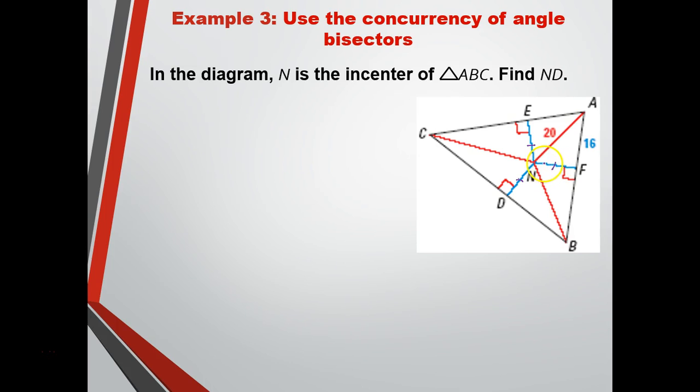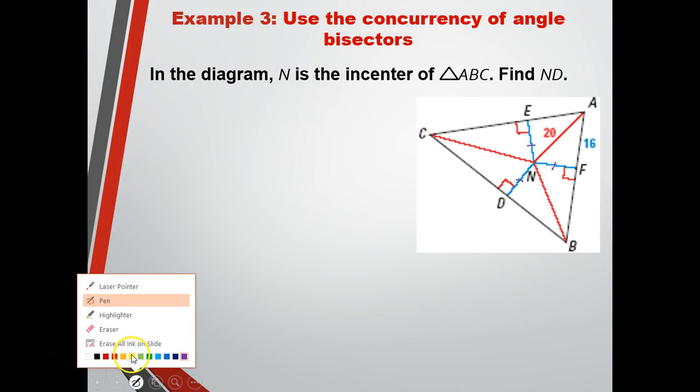So if we find the measure of one of these sides, then we know the measurement for all of these segments that I just named off. So that is going to help us in this right here. We have a little triangle. Let me highlight that one in a different color here.